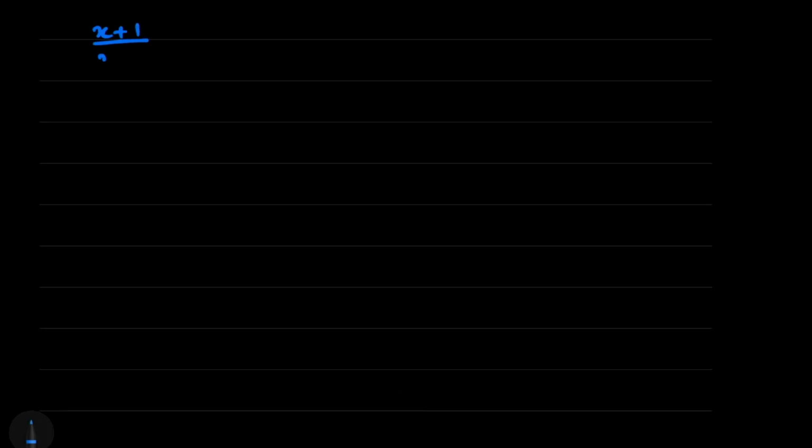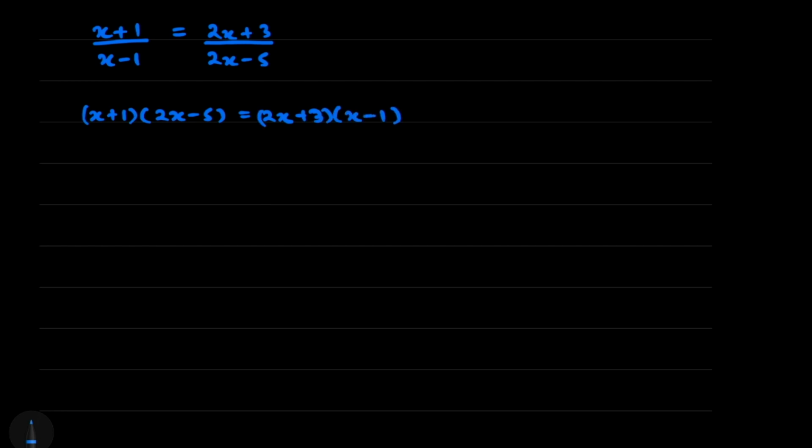So let's try an example based on this. We'll solve for x. We'll cross multiply. So (x plus 1) into (2x minus 5) is equal to (2x plus 3) into (x minus 1). So let's try this. 2x squared minus 5x plus 2x minus 5 is equal to 2x squared minus 2x plus 3x minus 3.